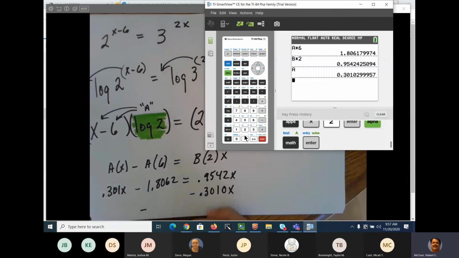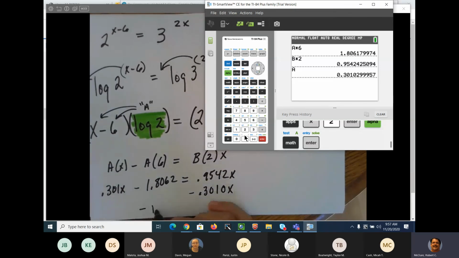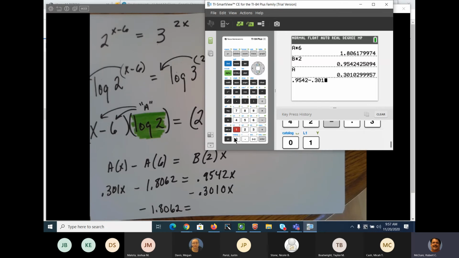And that's going to give me negative 1.8062 is equal to 0.9542 minus 0.3010x, which is 0.6532x.